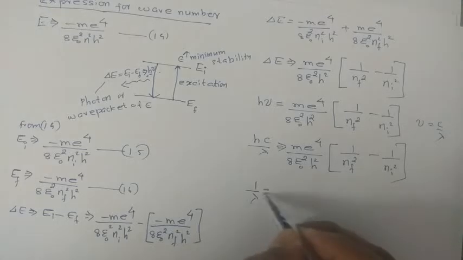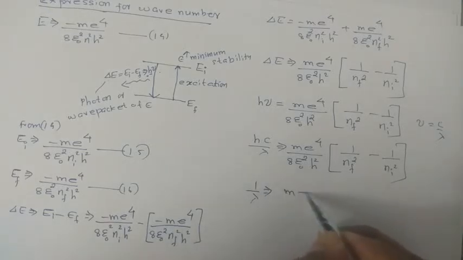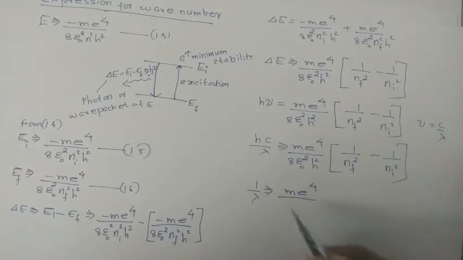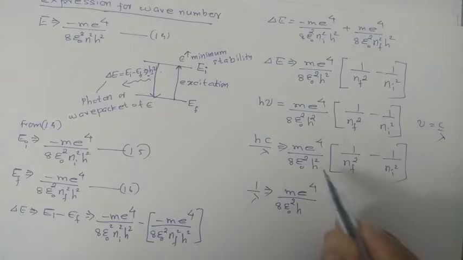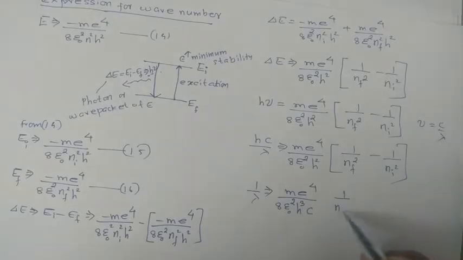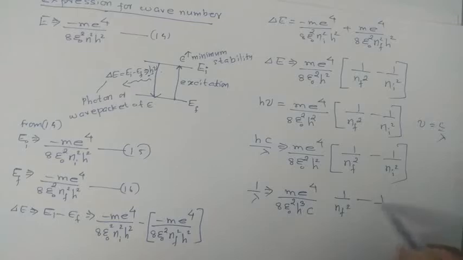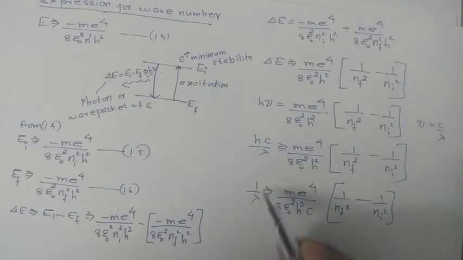Therefore 1 by lambda is equal to m e⁴ divided by 8 epsilon 0 square h square, which becomes h cube, into c, into (1 by n_f square minus 1 by n_i square). 1 by lambda means nu bar.